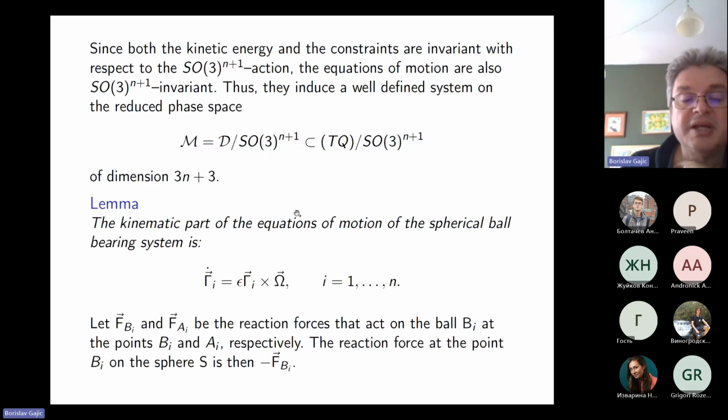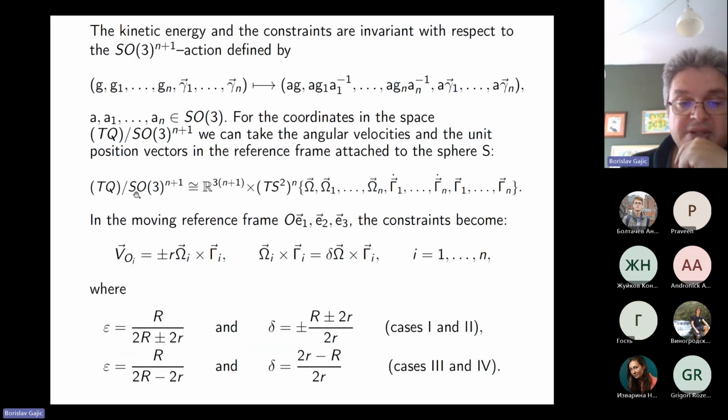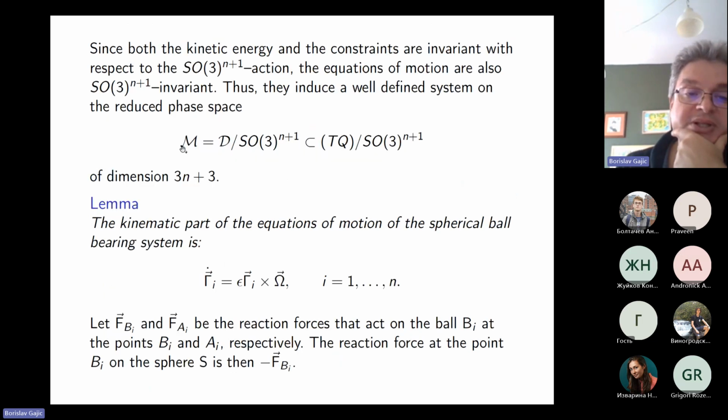And as a result, we obtain this quotient space, and these constraints are also invariant with respect to the group SO(3) to the power m plus 1.